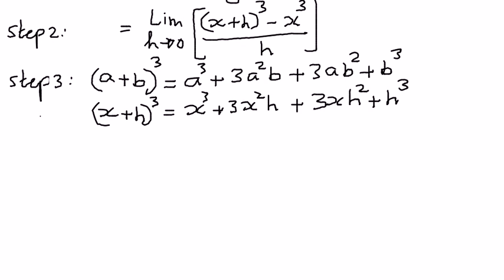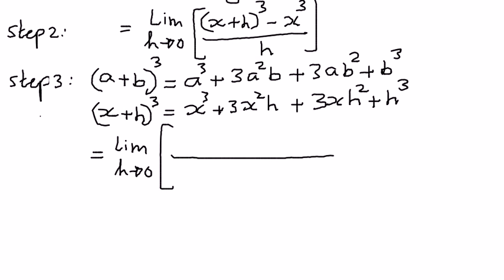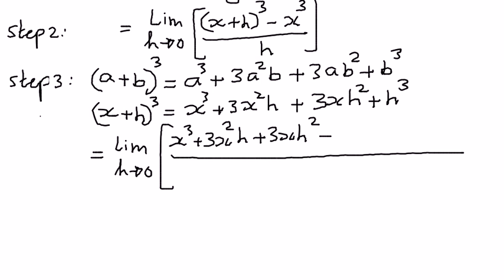So here, we're going to come back and say the limit as h approaches 0. The numerator, we're going to write as x cubed plus 3x squared h plus 3x h squared plus h cubed minus x cubed, the whole thing divided by h.